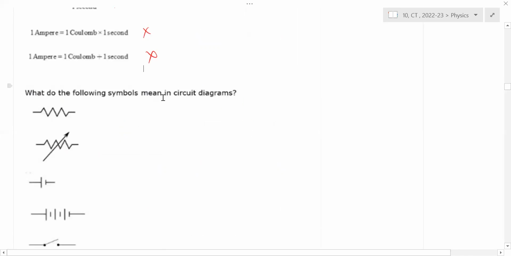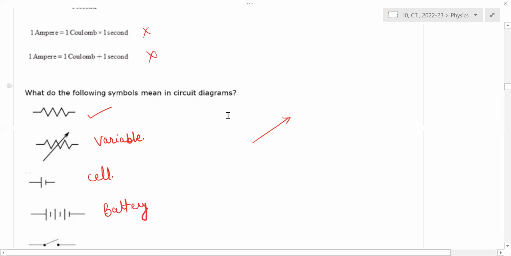What do the following symbols mean in the circuit? The first is a resistor. The second is a variable resistor. Wherever such a symbol is there, it is called a variable resistor. The third is a cell, and the fourth is a battery. Fifth is an open tap switch.